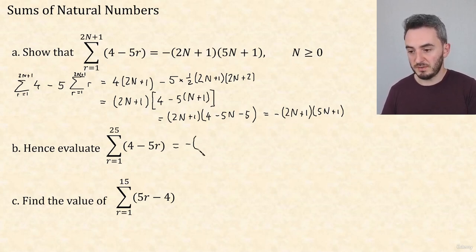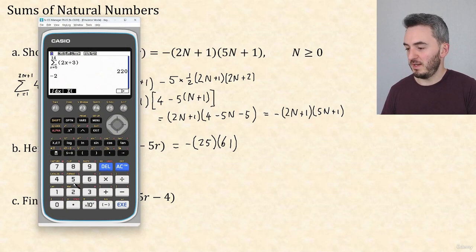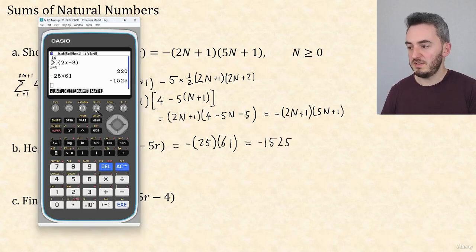So it's minus 2 times 12 plus 1 is 25, and 5 times 12 is 60, plus 1 is 61. So this one I will do on the calculator. Minus 25 times 61 is minus 1,525.